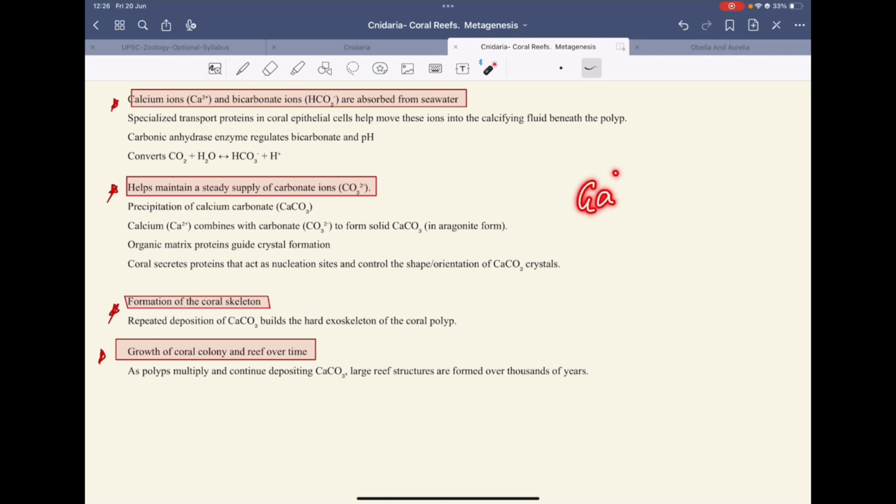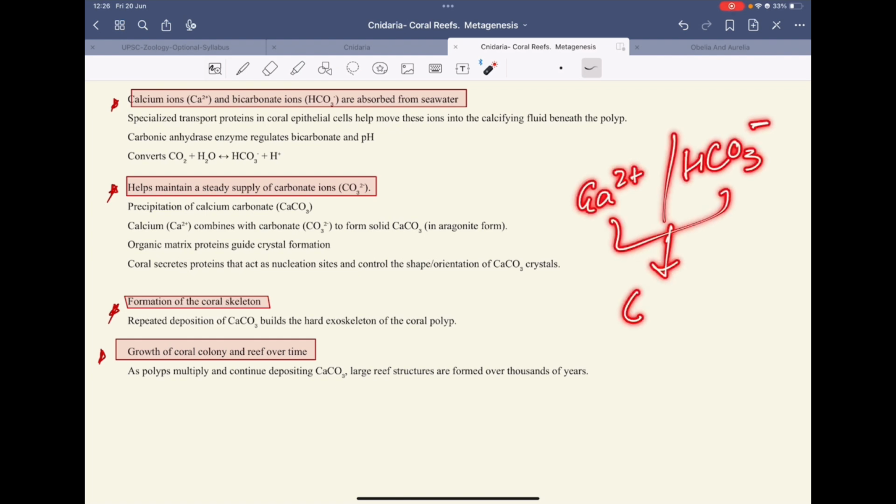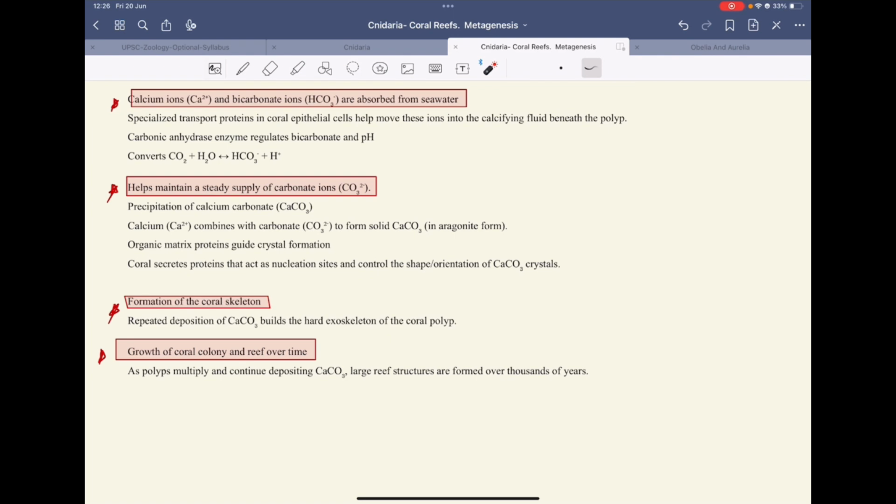Now we have calcium ions and we have bicarbonate ions. When they combine, they form calcium carbonate. There is this reaction that helps in the formation of solid calcium carbonate, and it's in the aragonite form.